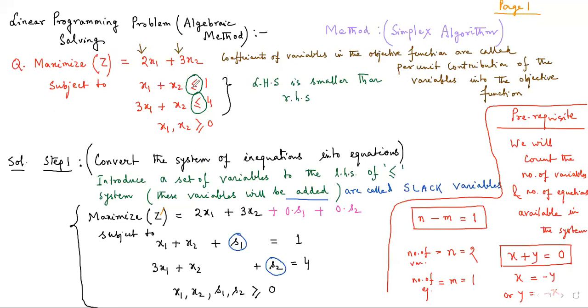So how can you bring the equality symbol here? If you add something on the left hand side, you assume that by adding that amount to the left hand side it can become equal to the right hand side. But what is the value of that item? I don't know, that I'm going to find.